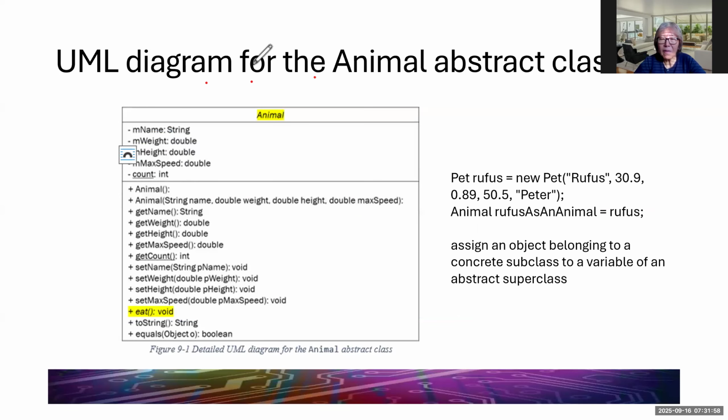Okay, and then let's take a look. If you recall, in the previous chapter, we discussed that animal class as a concrete class, and if we want to rewrite it as abstract, yes, we can do it. In this UML diagram, you can see a majority of the instance methods and the instance variables or static variables are the same as the previous one.